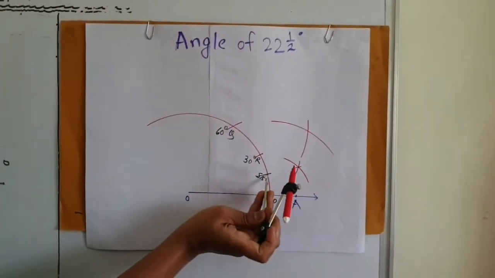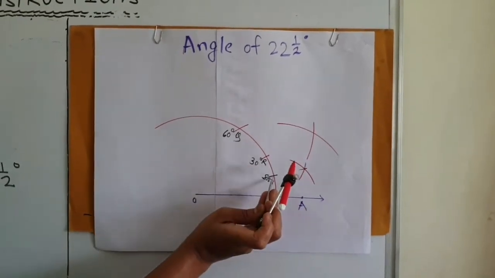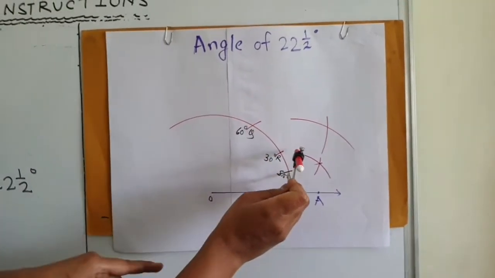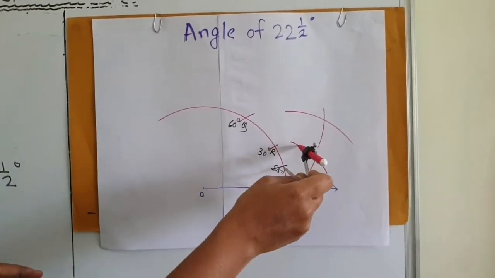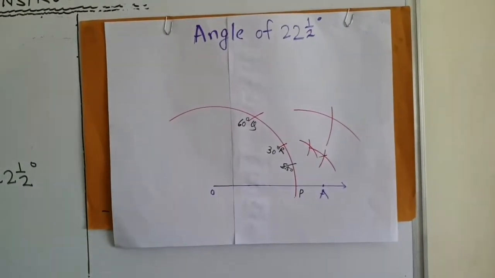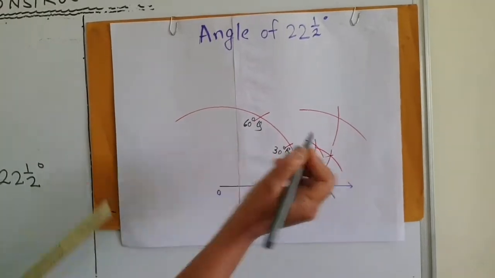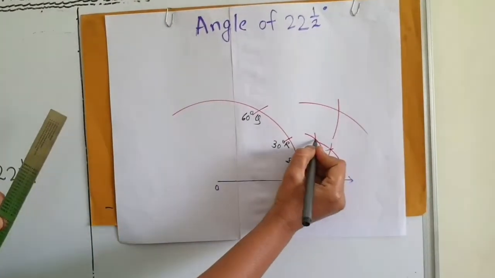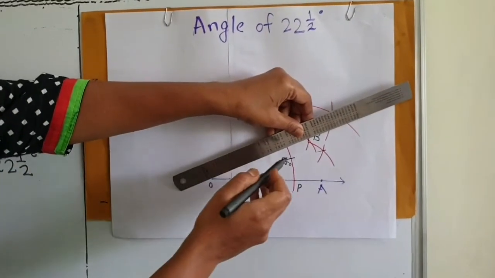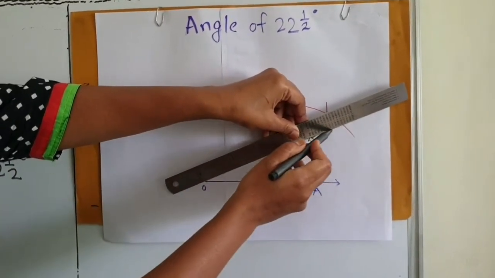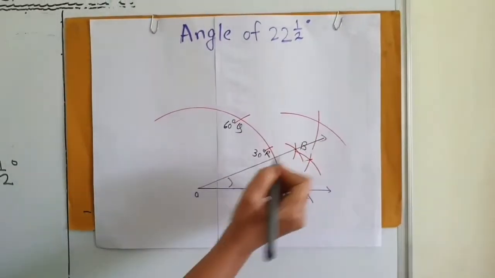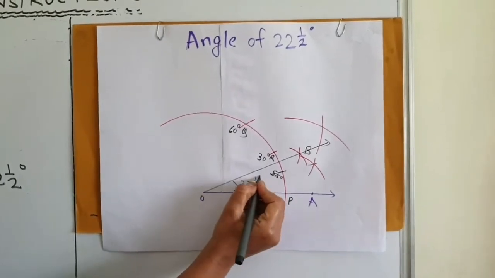Now we are bisecting this arc SR. So more than half of SR, and S and R as centers, draw arcs intersecting each other. So this is how we get this intersecting point, which we can name as B, and then join this OB. This is our required angle, 22.5 degrees.